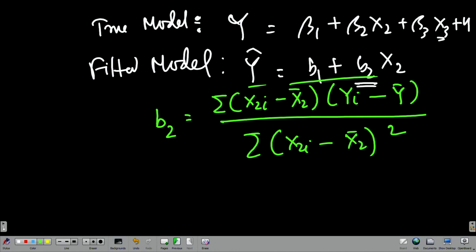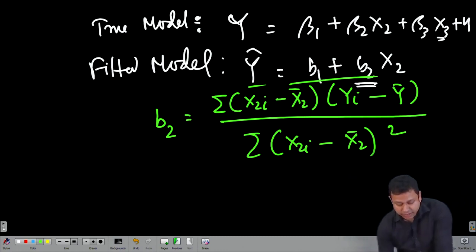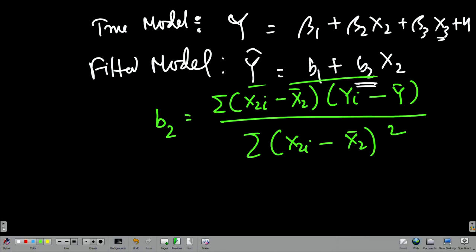Now, let us substitute the value of yi and y bar from the true model.